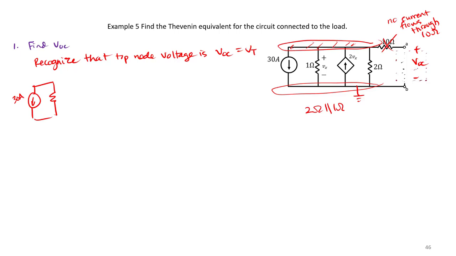That's just 2 times 1 over 2 plus 1, or 2/3 ohms. So we replace the 2 ohm and 1 ohm resistors with a single 2/3 ohm resistor. And notice we do have a dependent current source dependent on 2Vx. And for now, we ignore that 10 ohm resistor.